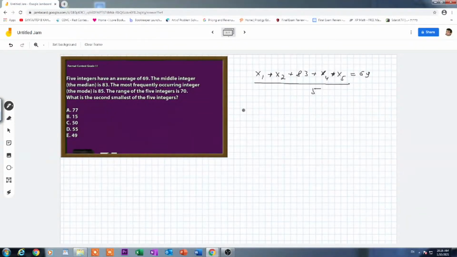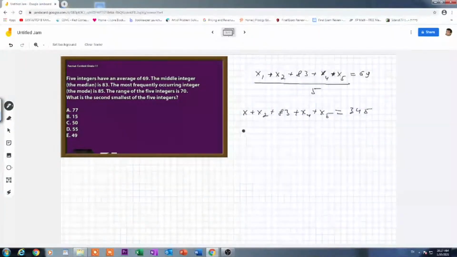Okay, then the sum of these numbers equals 69 times 5, which is 345, right? 5 times 9 is 45. 5 times 6 is 30 plus 4, right? So that's right.